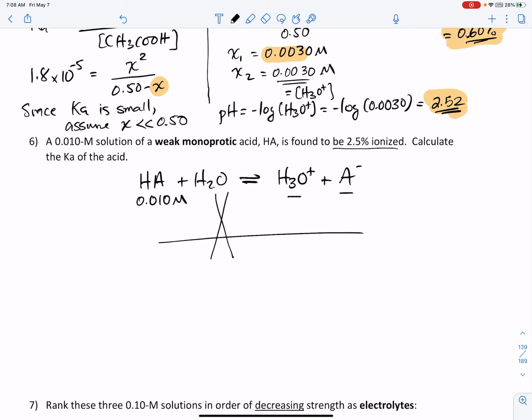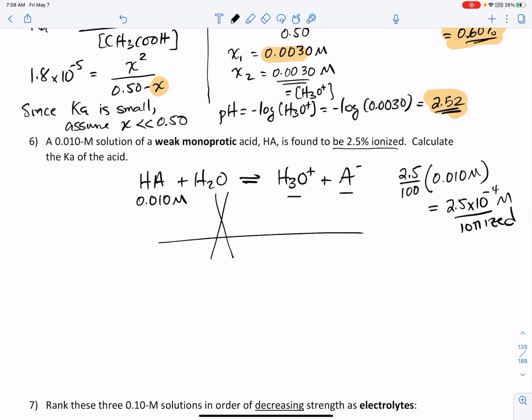In other words, if we go to the side, we can take 2.5%, so over 100, of our starting concentration, and this is going to tell me how much of the acid ionized. So 2.5 over 100, 2.5% of the starting amount, 0.01. We now know that 2.5 times 10 to the minus 4 molarity is what ionized.